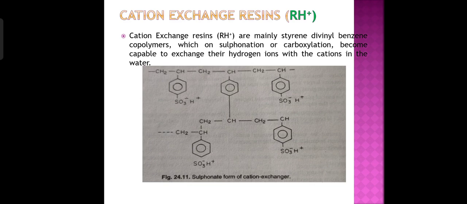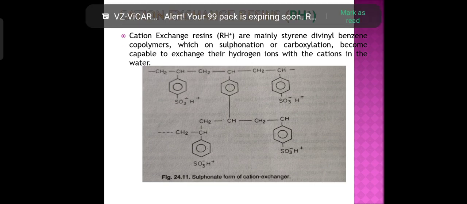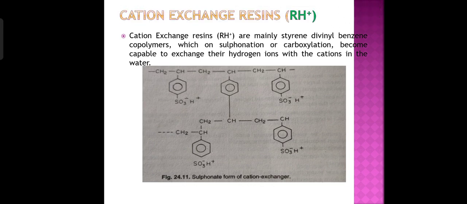This is the diagram of the sulfonate form of cation exchanger. Cation exchange resins RH plus are mainly styrene divinyl benzene copolymers, which on sulfonation or carboxylation become capable of exchanging their hydrogen ions with the cations in the water.